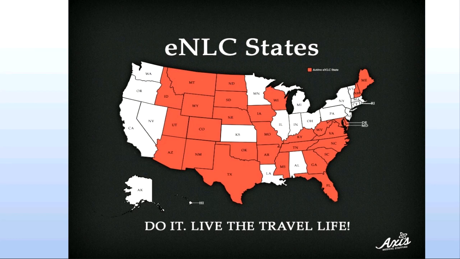That's where I started working because I live near the Tennessee border. And I had to also apply for the Tennessee license. I had to pay for it. So I had to actually pay for both. But now, like I said, in these that are red, it's my understanding they are compact states. So like if you're a travel nurse, you may just have one license here and then you can work in the other places.